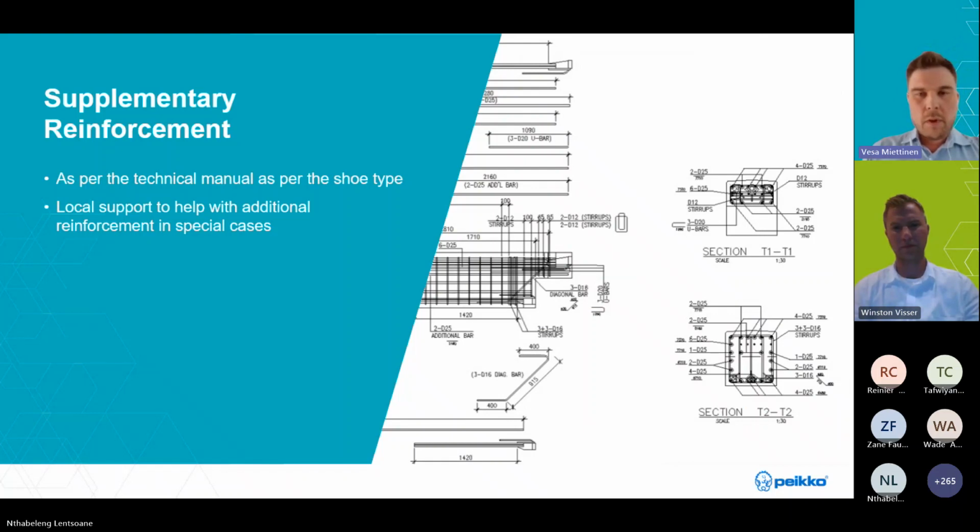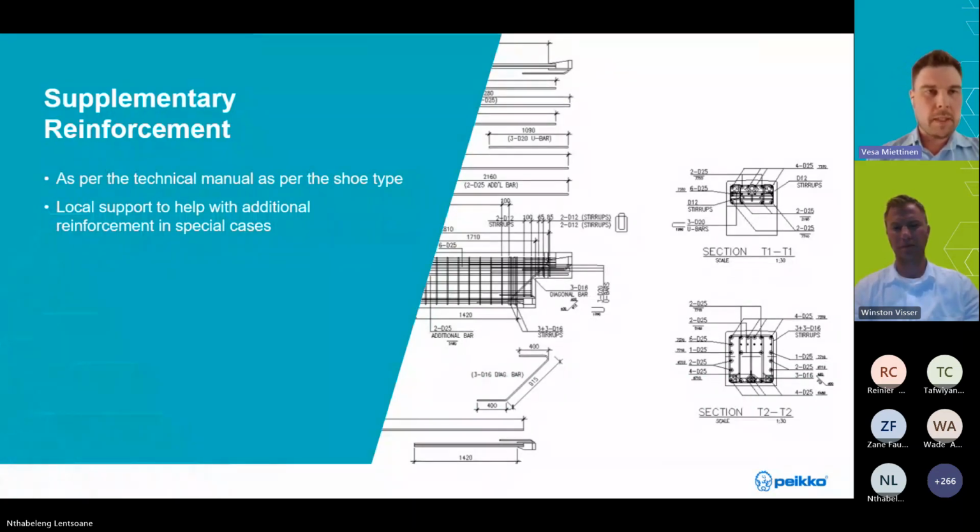Supplementary reinforcement for the elements. Of course, if you have a precast element, you always have to have some supplementary reinforcement, and in the first place you would need to follow the technical manual instructions for each shoe type. We are giving the additional reinforcement instructions, although there can be some special cases, like you can see on the right side.